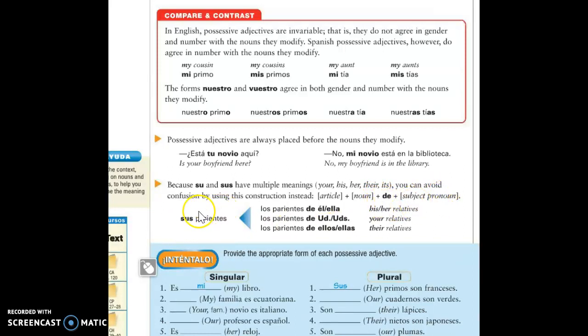So instead of saying sus parientes, and you want to really determine whether it's his or her or your formal or their, you could say instead los parientes de él, los parientes de usted, los parientes de ellos. So that is another formula you're going to see and familiarize yourself with when you do the upcoming exercises.